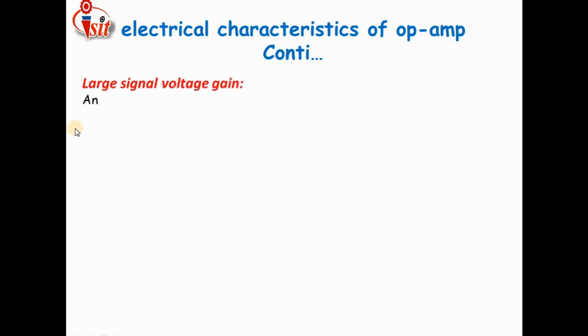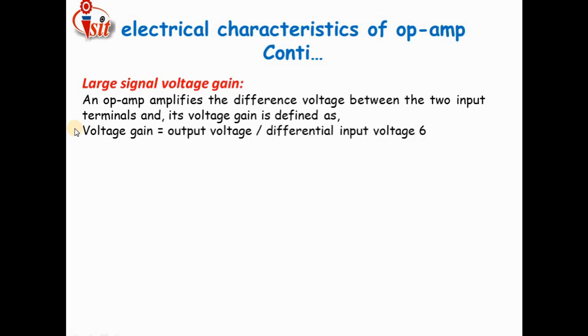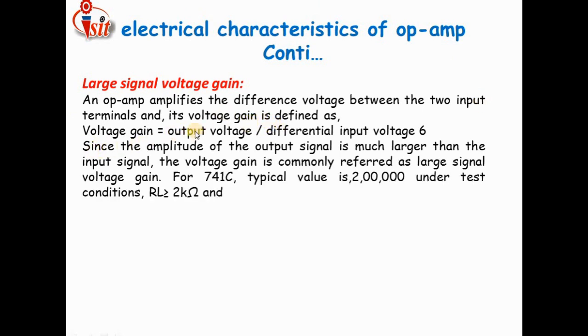Then the next electrical characteristic of the op-amp is the large signal voltage gain. An op-amp amplifies the difference voltage between the two input terminals, and its voltage gain is defined as the output voltage divided by the differential input voltage.